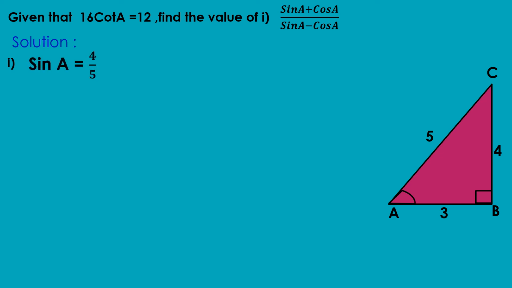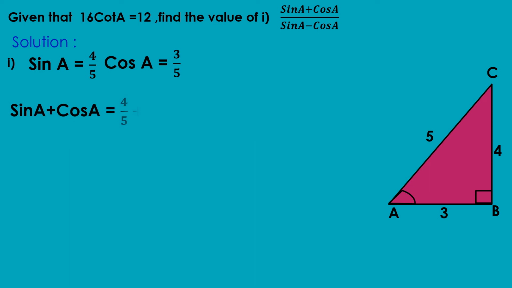Then sin A is equal to 4 by 5. Why? Because sin A is nothing but the ratio of the opposite by hypotenuse. In this right angle triangle, the opposite side is 4 and the hypotenuse is 5. Then what is cos A? Cos A is nothing but adjacent side by hypotenuse, that is 3 by 5.